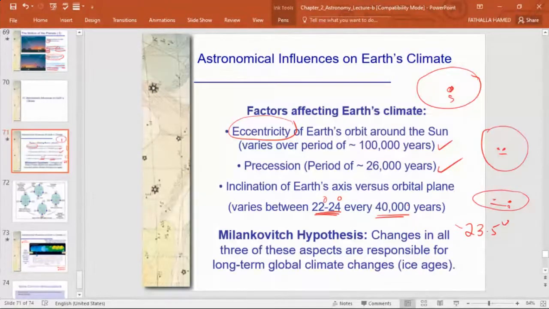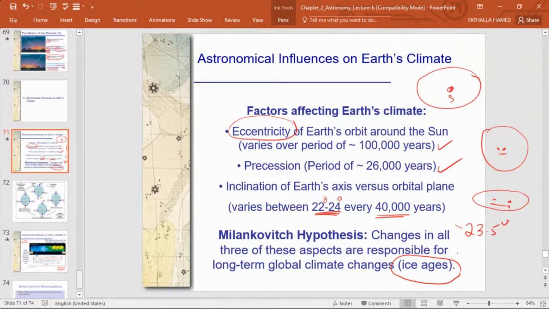So now, Milankovitch made a hypothesis, and he said that changes in all these three aspects are responsible for the long-term global change which we call ice ages. That comes naturally as a result of these, and that's why the Earth may go through these periods. So the motions of the Earth also have an effect on the climate.